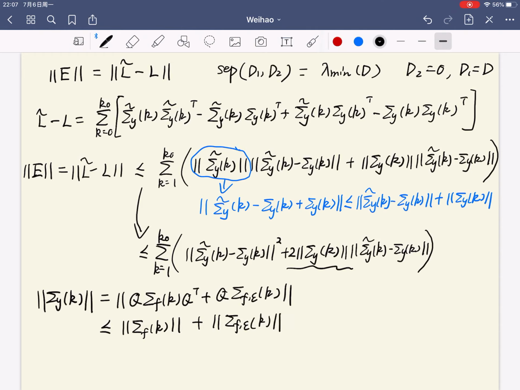Here, we use the unitary invariant property of the orthogonal matrix. And the second term is less than or equal to kappa max by our definition. The first term we will bound later.